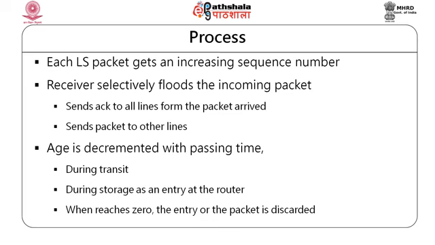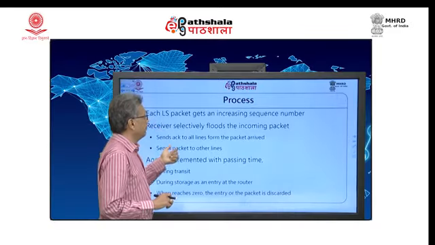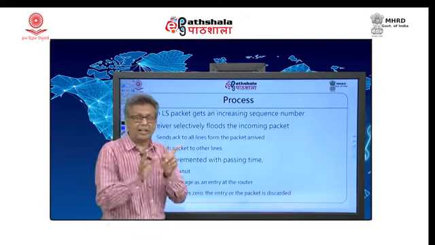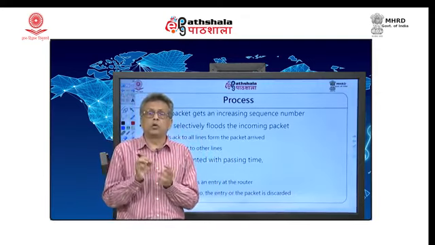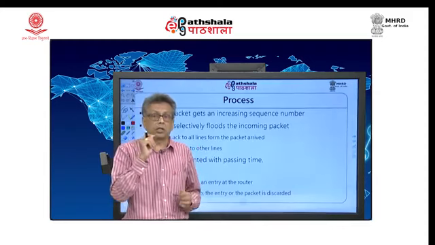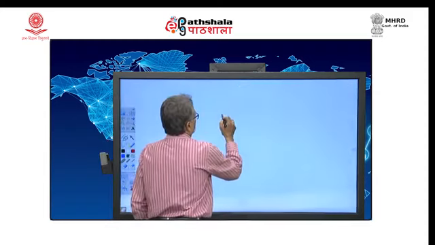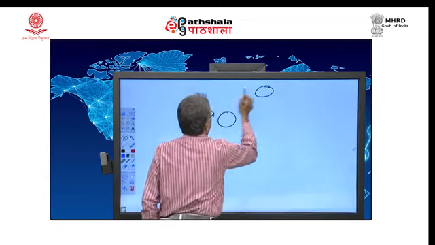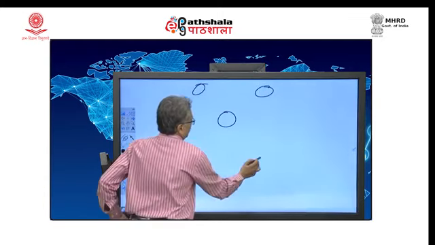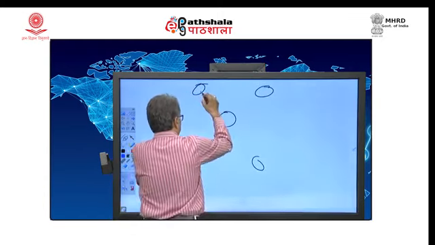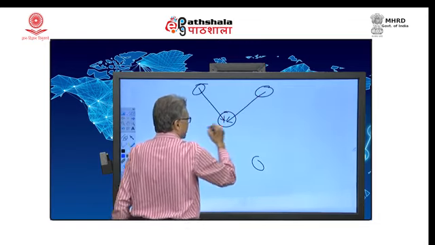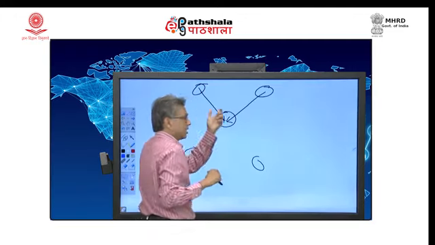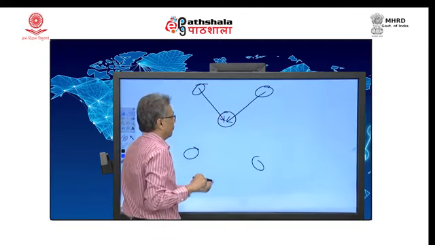The receiver selectively floods the incoming packet. It will not send that packet to all outgoing lines, it will only send to outgoing lines other than the one from which the packet has come, because it is flooded. Suppose here is a node and it has 5 neighbors. It receives a link state packet from here, and it might also receive the same link state packet from here, because it is broadcast.